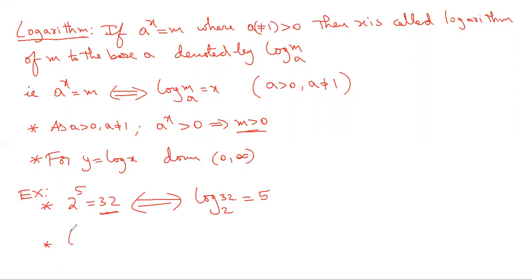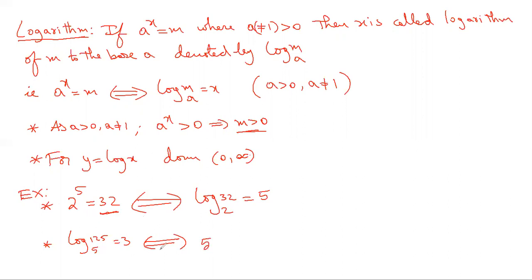And suppose log 125 base 5 equal to 3. Write this in exponential notation. The easiest way of doing that is, because in both notations the base is the same, write the base first. When you're converting from exponential to logarithm or logarithm to exponential, write the base first.